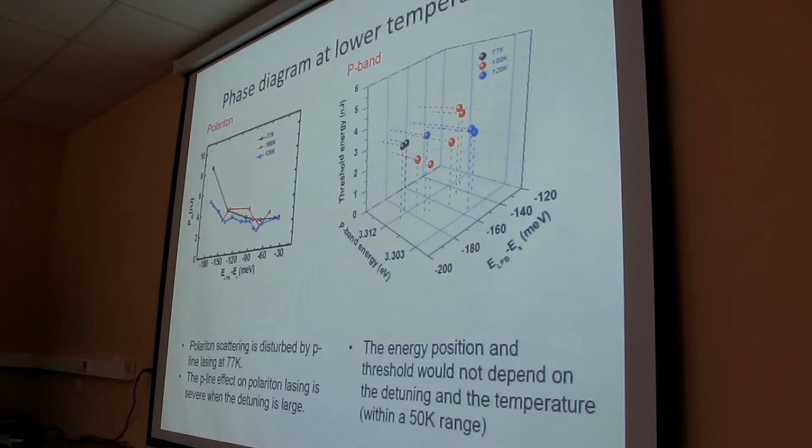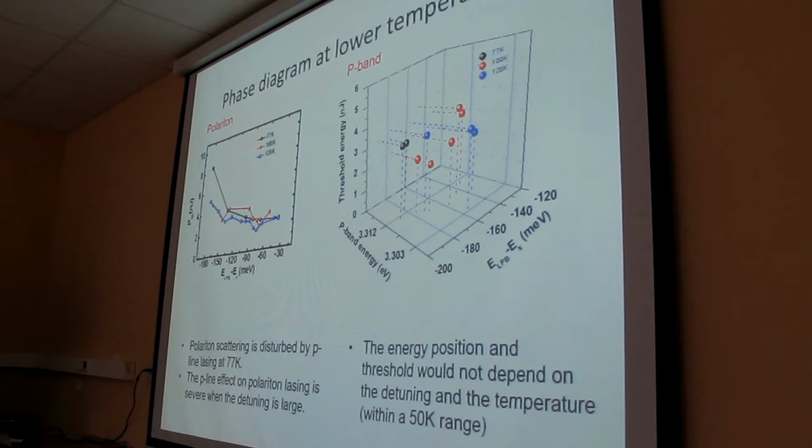But in this case, I still don't understand why at elevated temperature the threshold is lower than at 77 Kelvin. In our case, the p-band will appear up to 120 Kelvin.